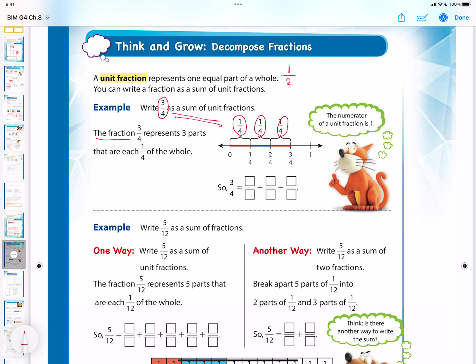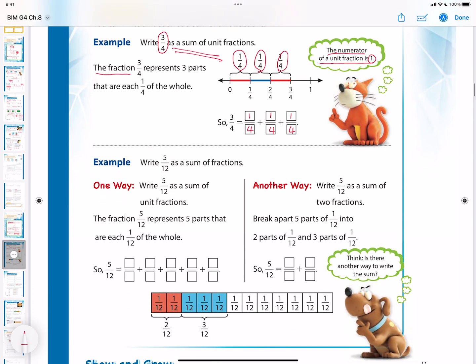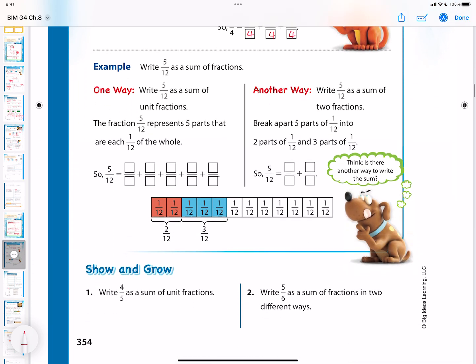So 3 over 4 is equal to 1 over 4, 1 over 4, 1 over 4. 3 1/4. When they come together, it becomes 3/4. The numerator of a unit fraction is always 1 because we are talking about only one unit out of many, okay?